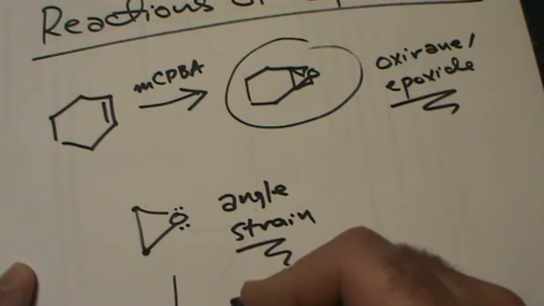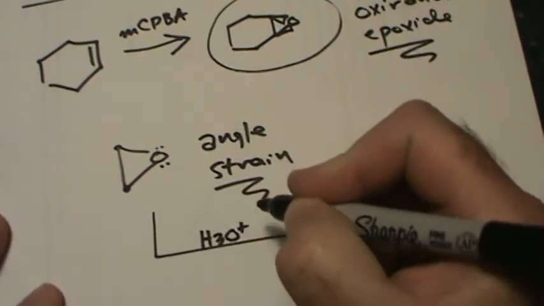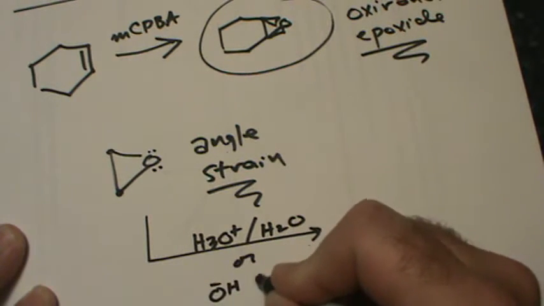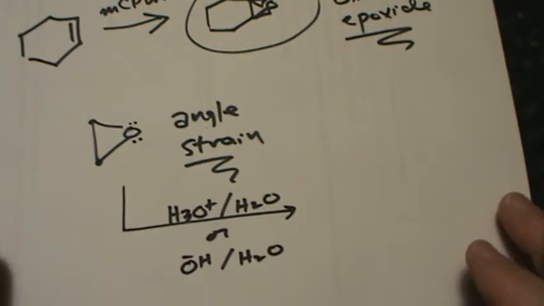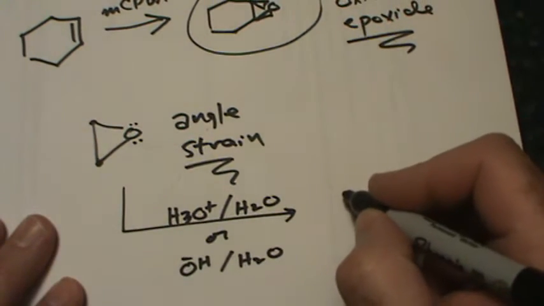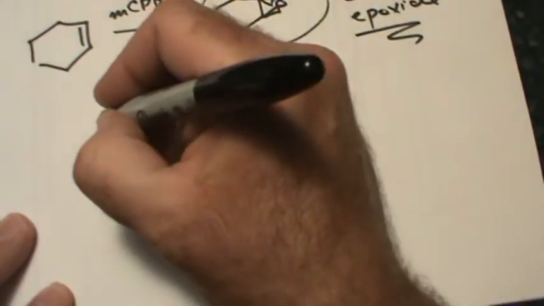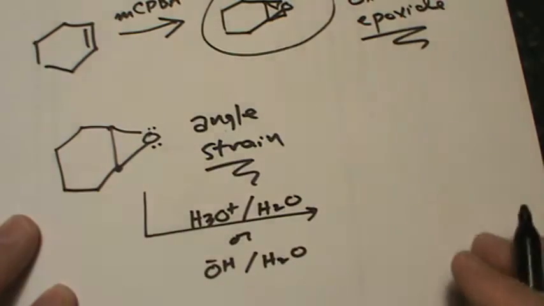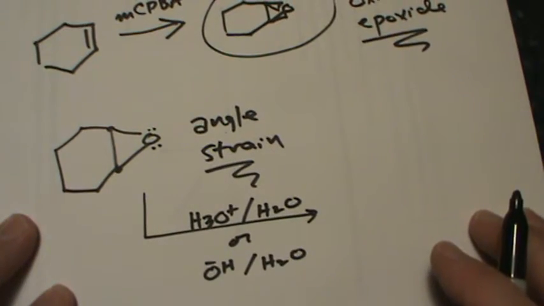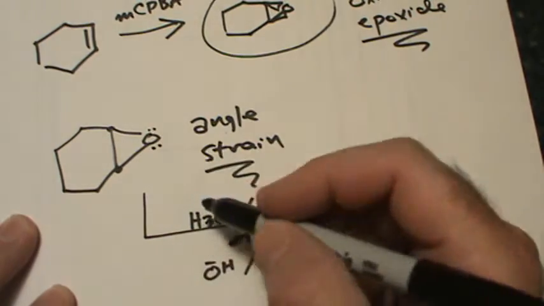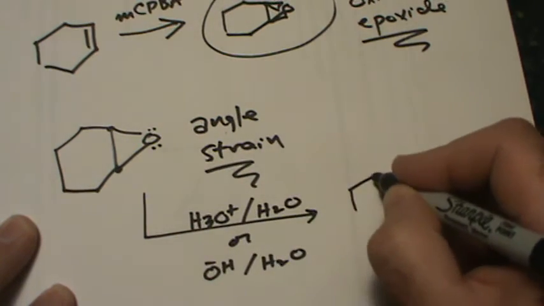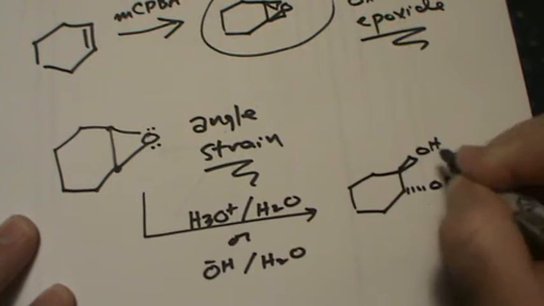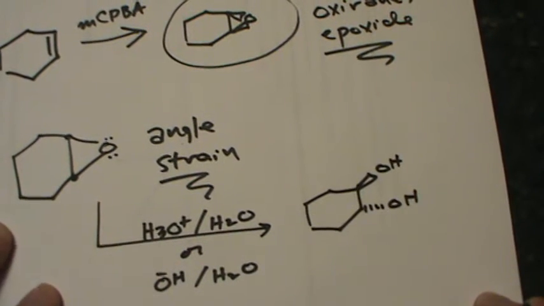So under either acidic conditions, which would be H3O+, H2O, or under basic aqueous conditions, which would be OH-, H2O, it's going to be possible to take our oxirane, and if I go ahead and reconstruct the original oxirane we had, which is the oxirane of cyclohexene, it's going to be possible to take this oxirane and prepare the corresponding vicinal diol.